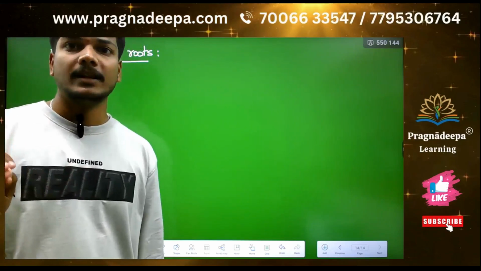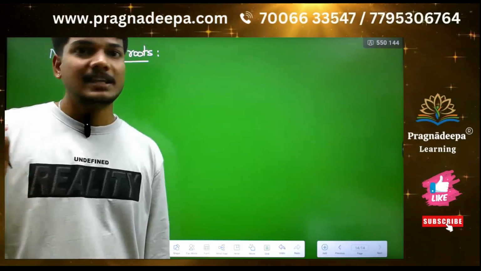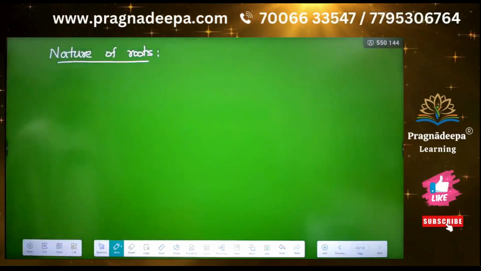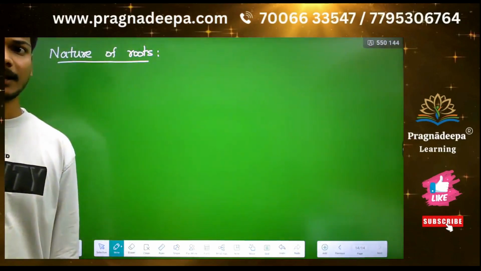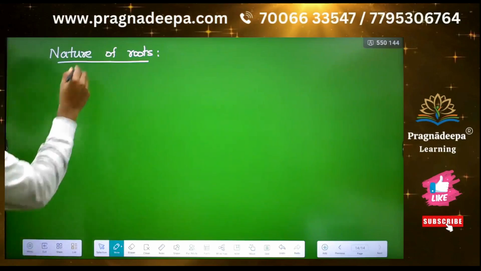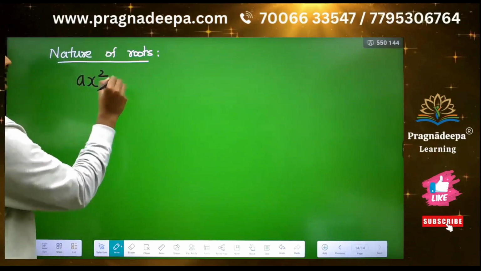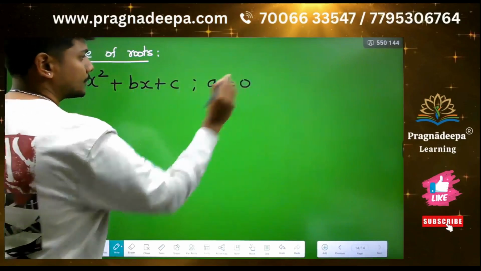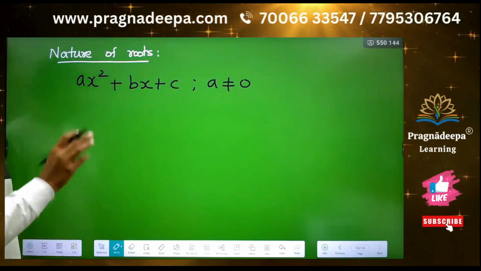To find the roots, the solution, the zero, you have a formula. That formula is called Sridharacharya's formula method. For example, I have a quadratic equation ax square plus bx plus c, where a is not equal to 0, and a, b, c are any real numbers.